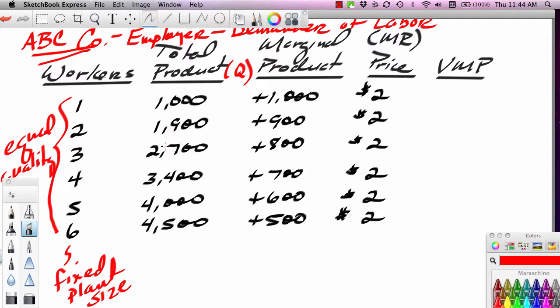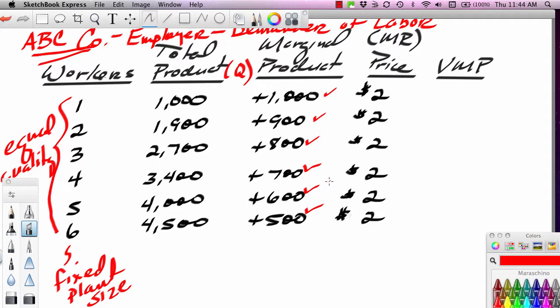Total product is increasing, but increasing at a decreasing rate, which means, notice, marginal product is declining. So this decline in marginal product has nothing to do with the quality of the workers. The quality of the workers is equal.